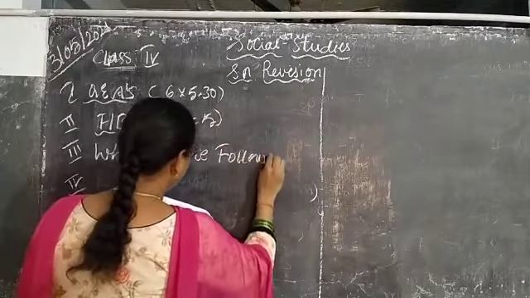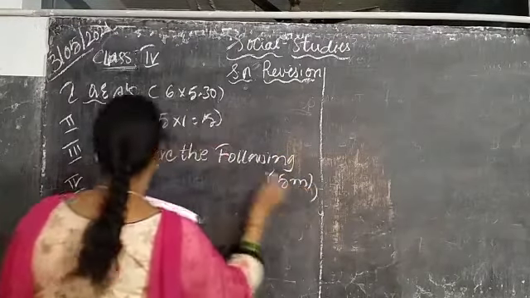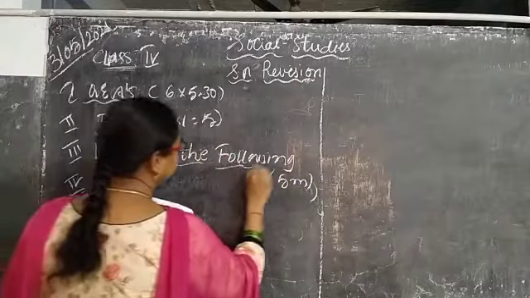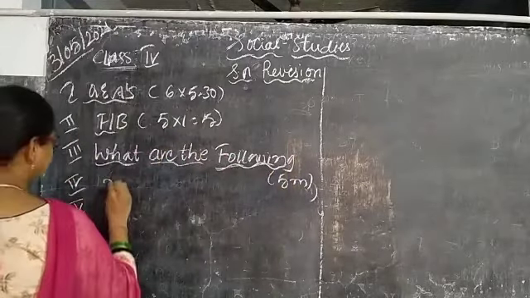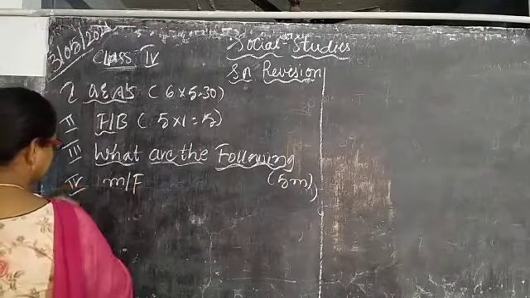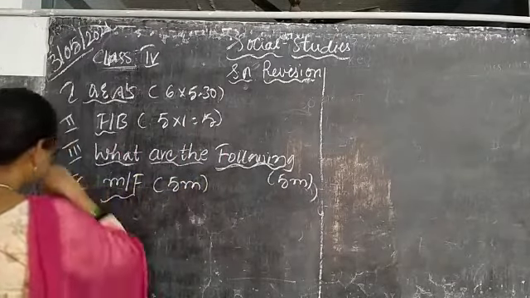What are the following? This is also for 5 marks. Okay, children. Next one, match the following. 5 marks.